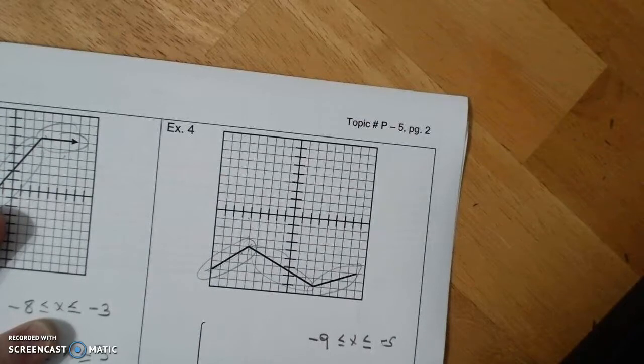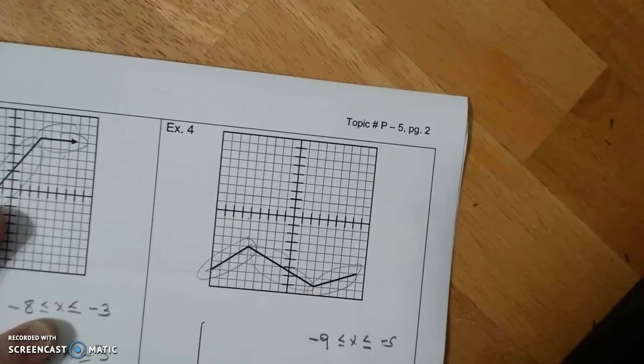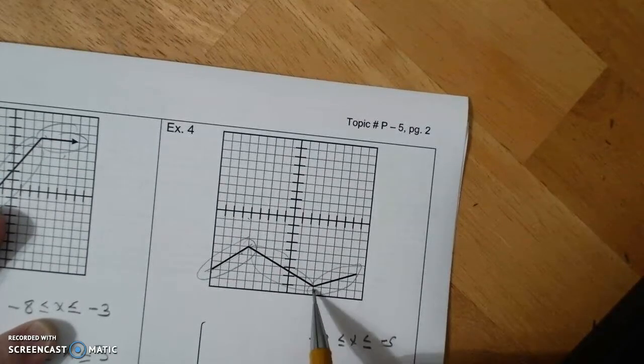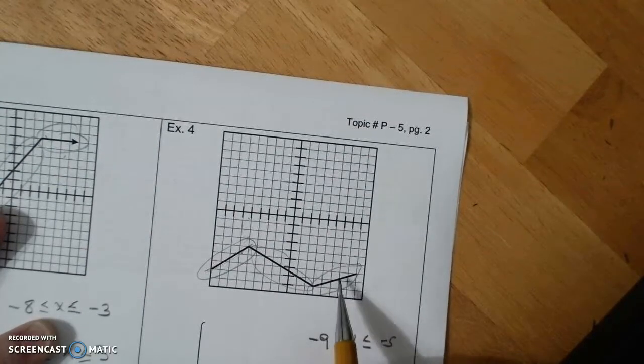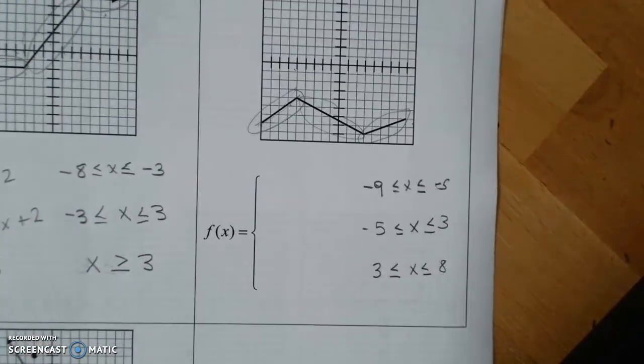This one goes from negative 5 to positive 3. And it has closed dots. And this one goes from 3 to 8, and it has underlines. Sorry, didn't show you that.